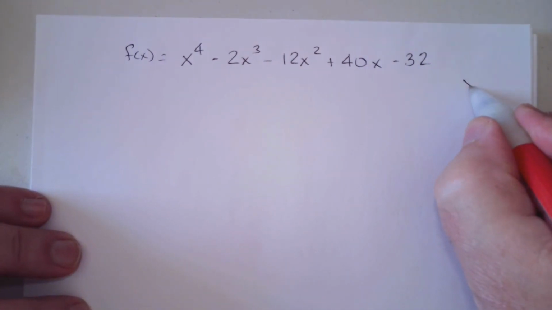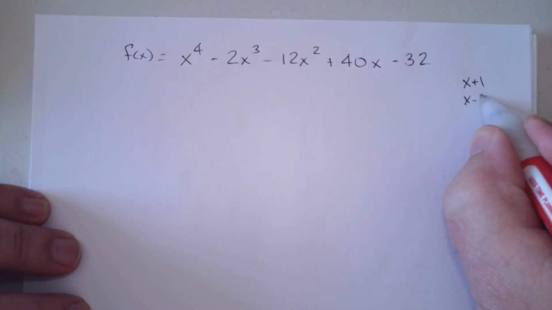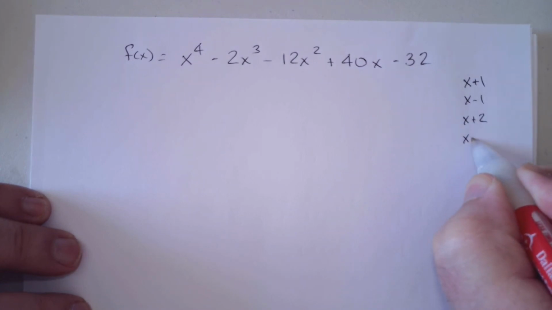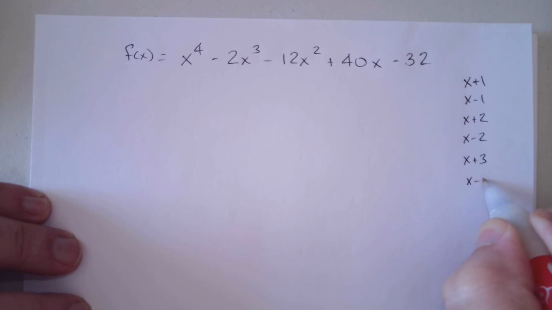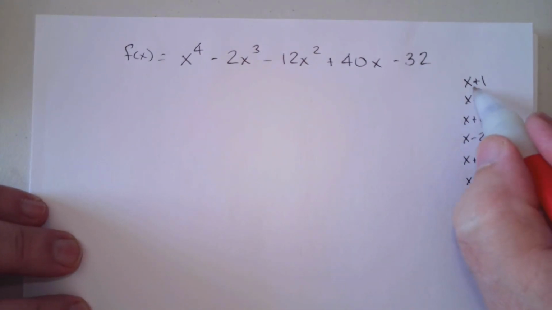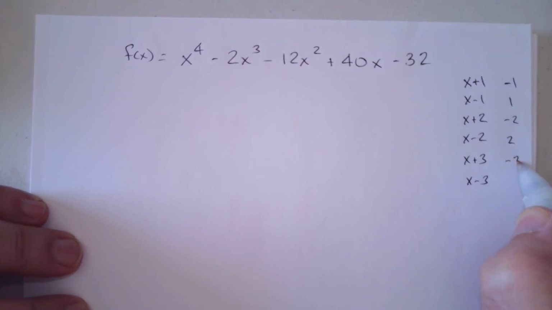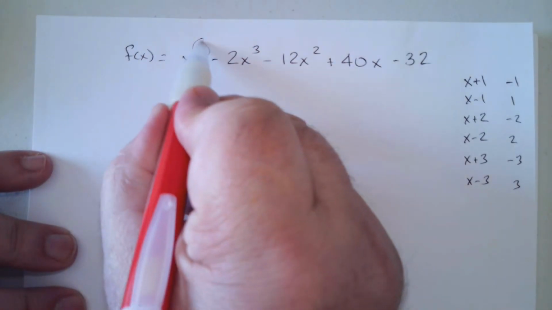So what this is saying is we have to start off and go down the list and see which one of these are factors. In other words, in this one, we use synthetic division. So is -1 a factor? Is 1, -2, 2, -3, 3, and so on and so forth.